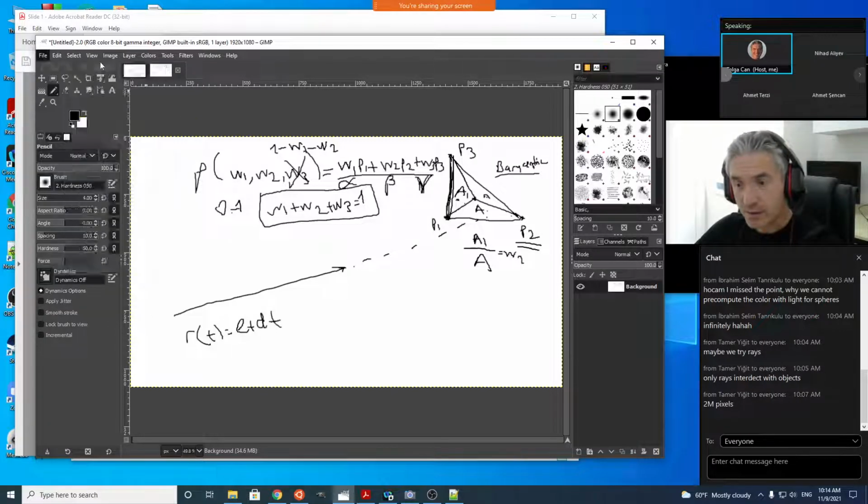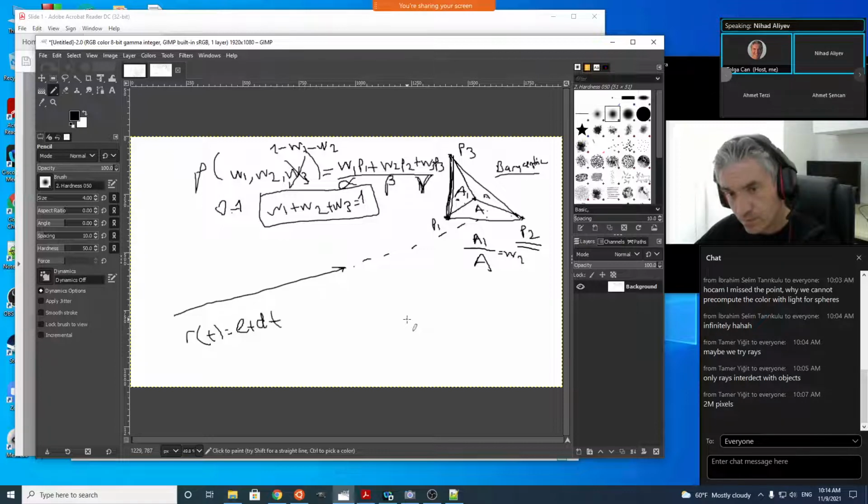But yes. Is that P equal is between 0 and 1? So this sum also equals 0 and 1. I mean, it's between 0 and 1. Yeah, all these W1, W2, W3 have to be between 0 and 1, and their summation has to be equal to 1.